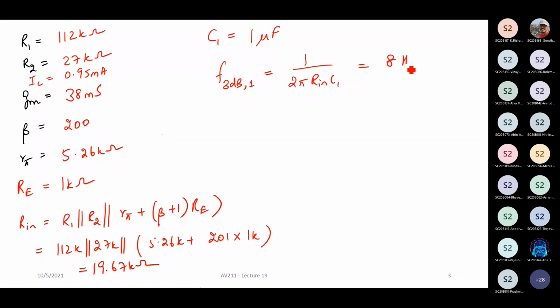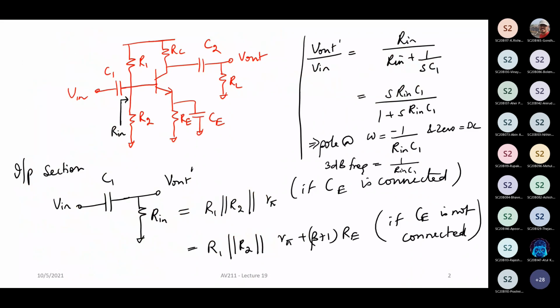So it's some 8 hertz, something like this, right? 19.67K into 1 microfarad. The 8.09. Yes, sir. Yeah, some around 8 hertz, right? So this is only due to your first capacitor C1.